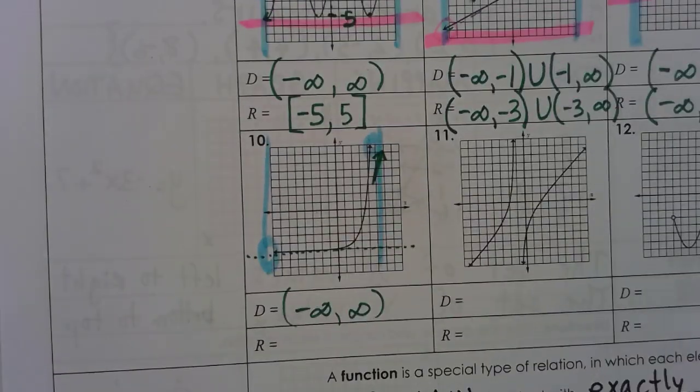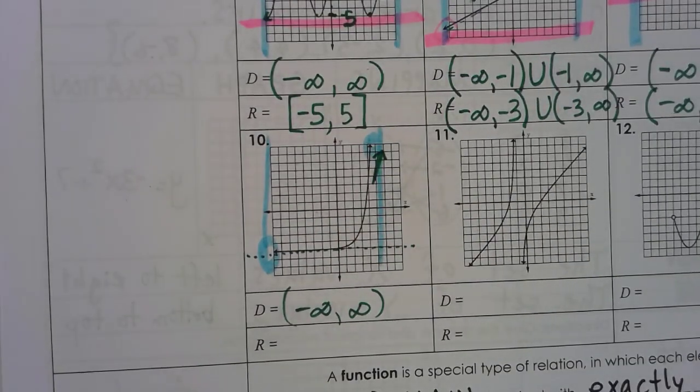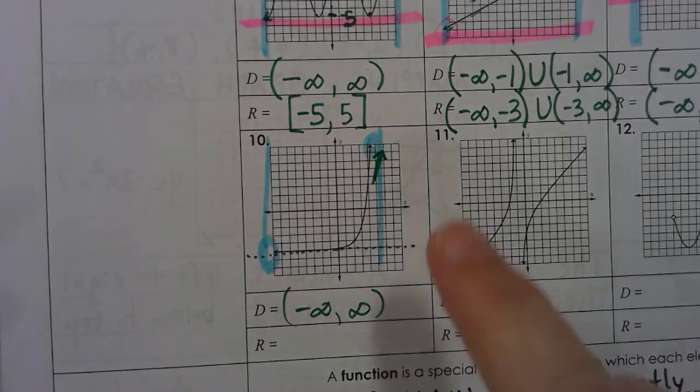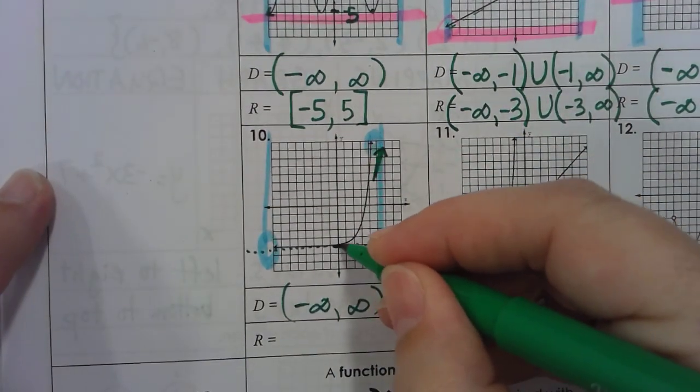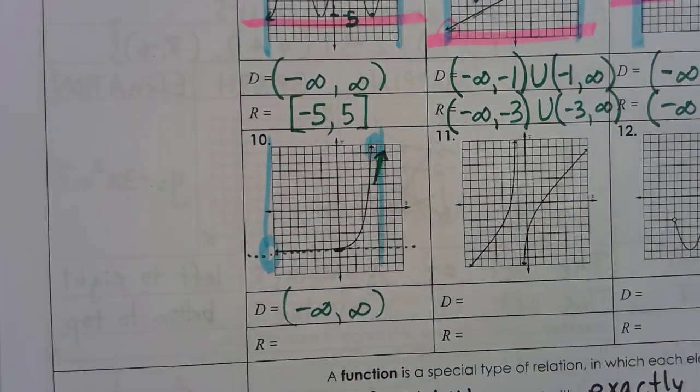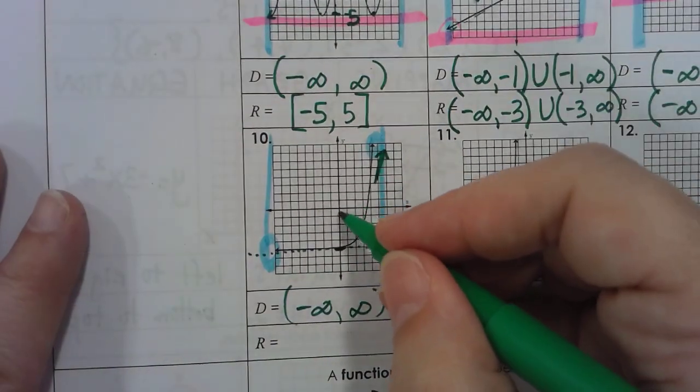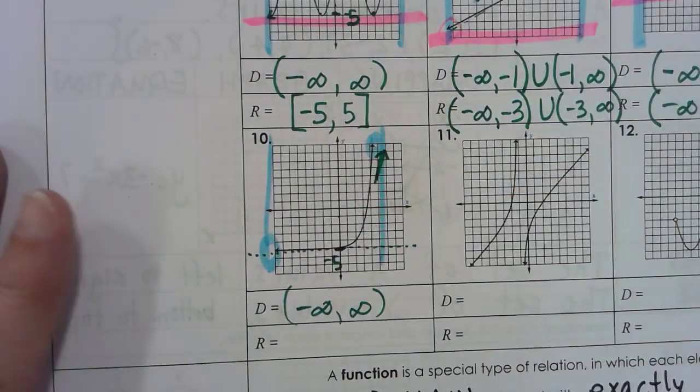Oh well. What about top to bottom? Does it go forever and ever up and forever and ever down? No. Does it go forever and ever up? Yes. Yep. But it stops down here at the bottom at what number? Wherever that line is. Negative 1, 2, 3, 4, 5. Negative 5. Okay.